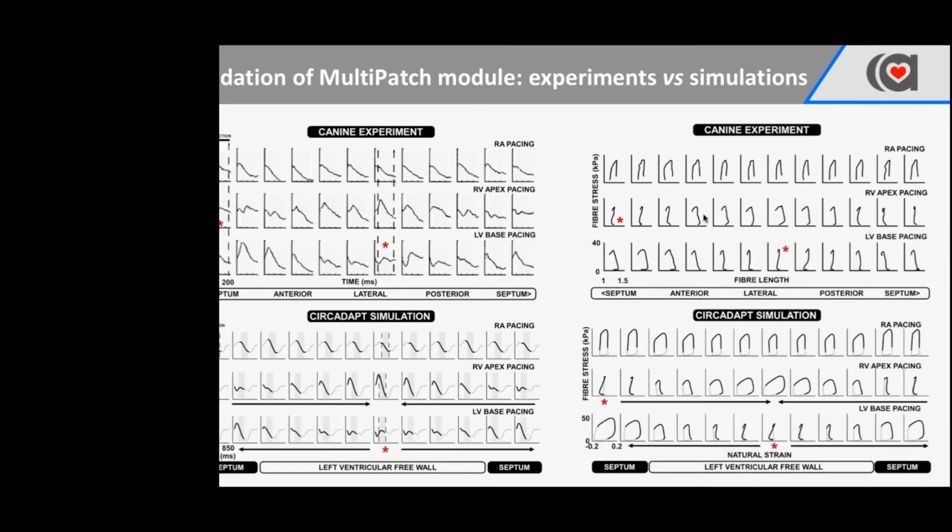And even more so with the left ventricular free wall pacing. Now the pacing side is in the middle of the left ventricular free wall, giving rise to early shortening there, then a lengthening during the ejection phase, and a more vigorous shortening at the septum. If you compare that to the animal experiments, again, strikingly similar, not only for the strains, but also for the stresses.